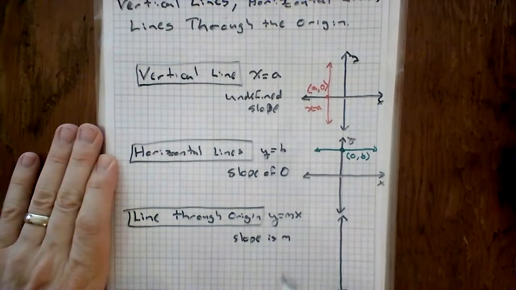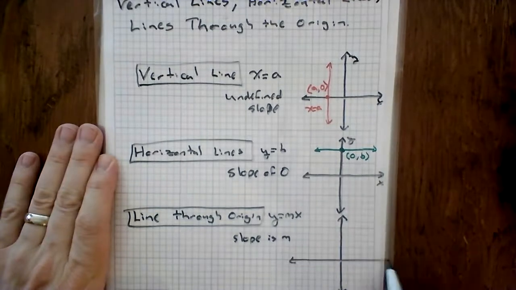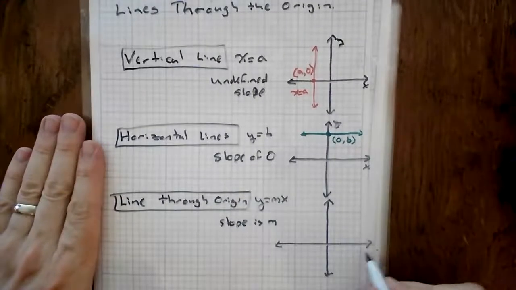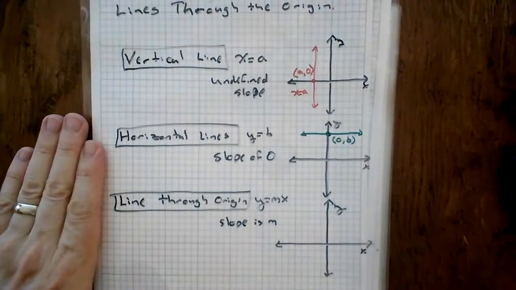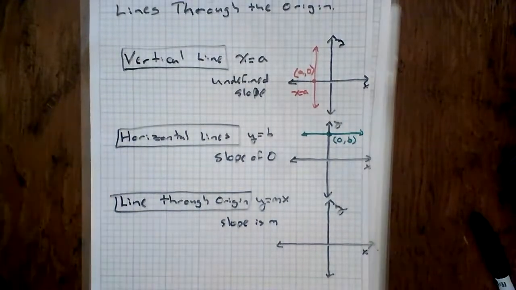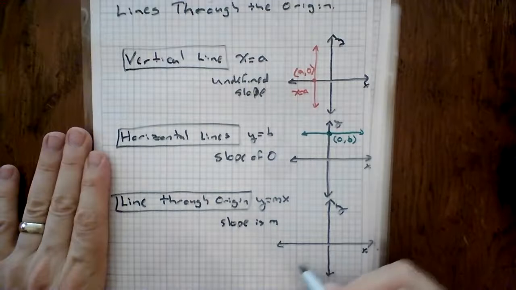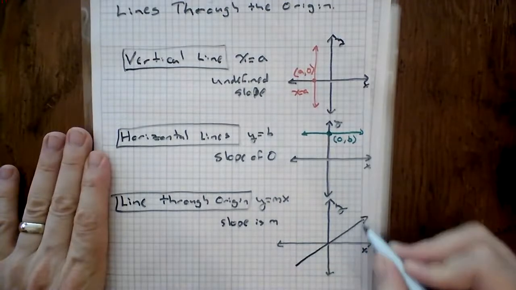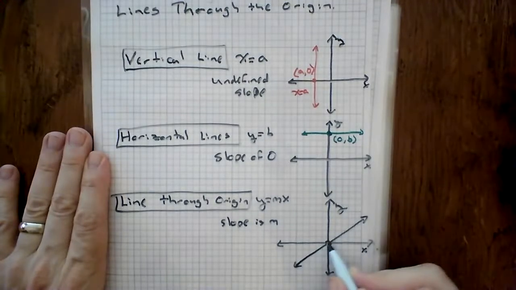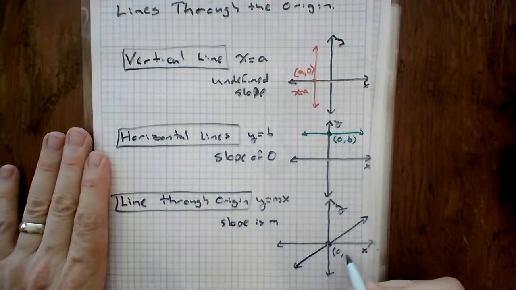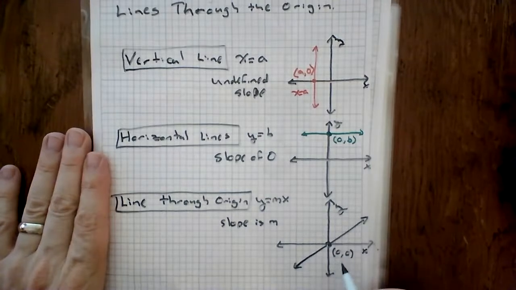And the only thing that's really special about that is both the x and y intercept are going to be exactly the same. It's going to go through (0, 0), and for all of our y-intercepts, the x is equal to 0.